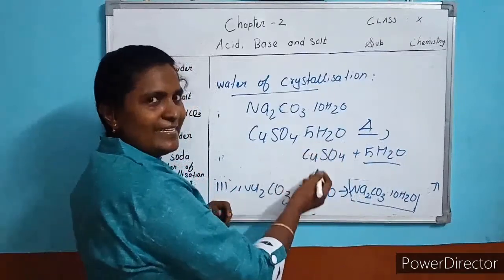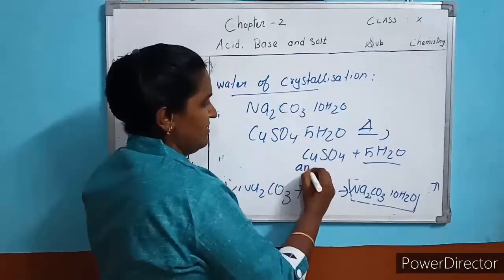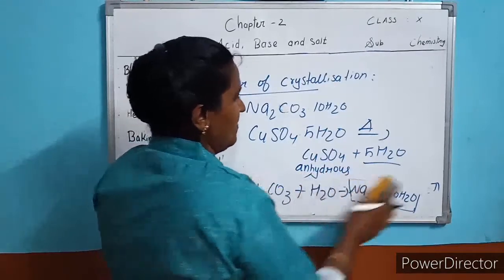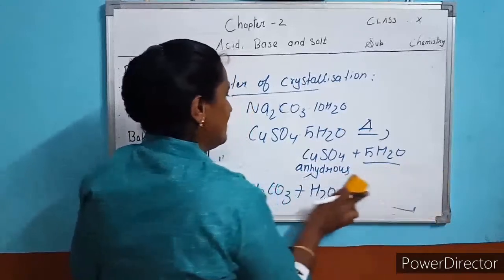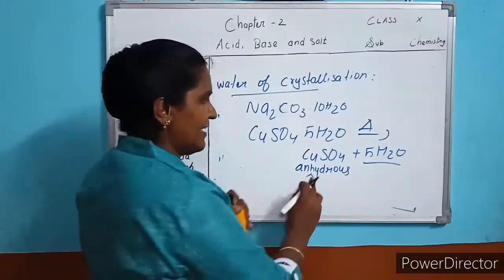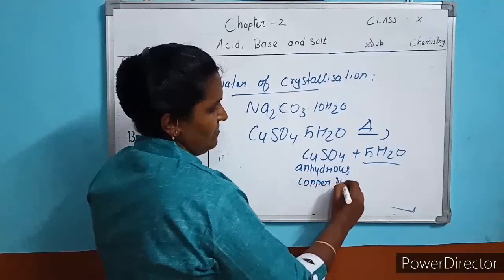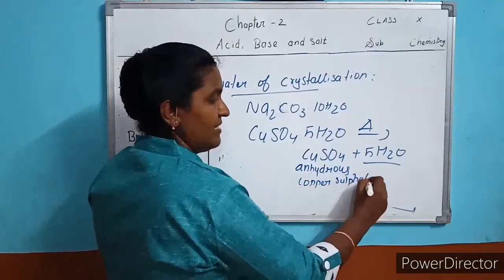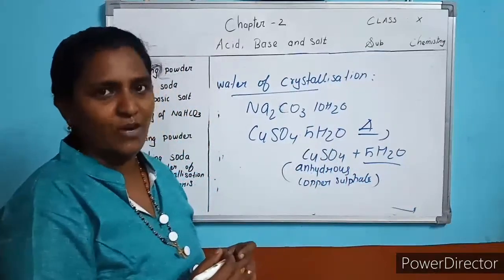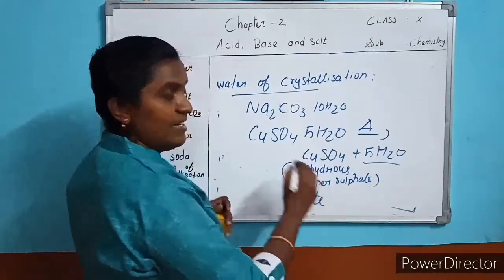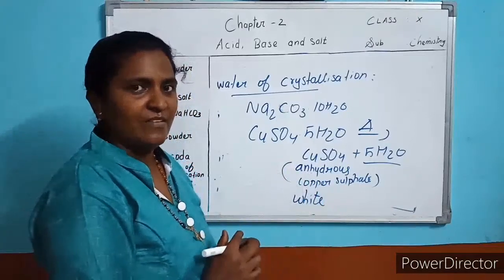It is hydrated, and this is anhydrous. Why is it anhydrous? Because of the absence of water. It is white in color.